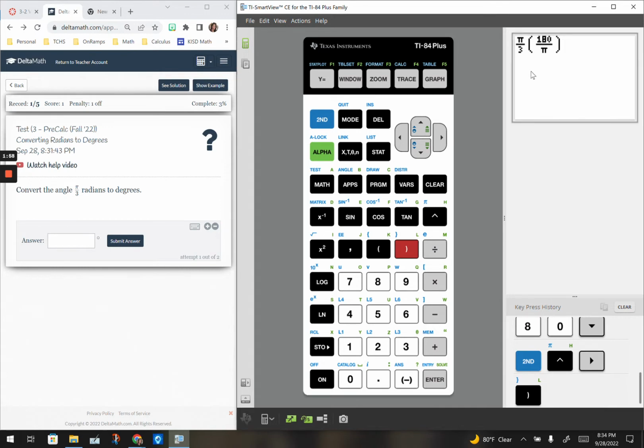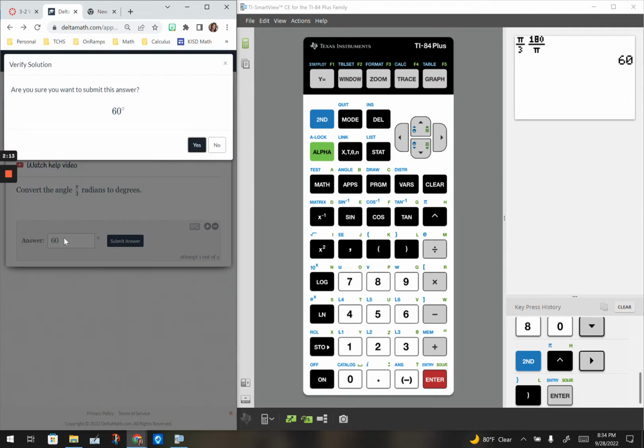So anytime you want to end up with degrees, have the degree conversion unit in the numerator and the radians in the bottom. So when I hit enter, I'm going to end up with 60 degrees. I can come over here and just submit, okay?